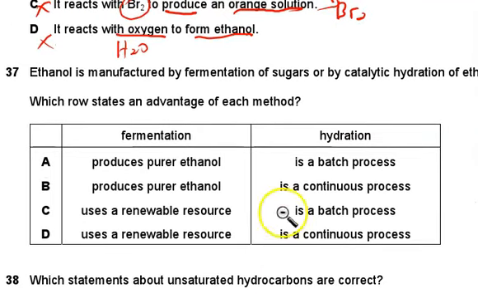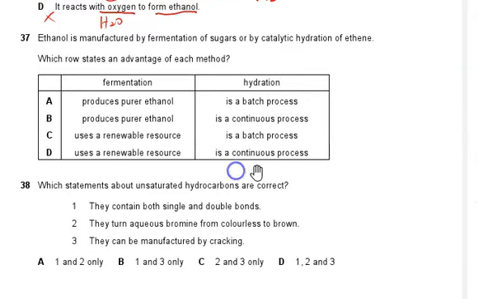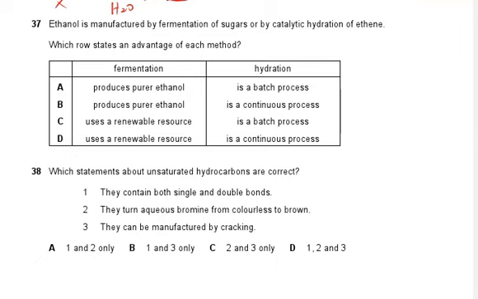Okay, number 37. Ethanol is manufactured by fermentation of sugar and by catalytic hydration of ethene. So, which row states an advantage of each method? So, fermentation is actually much slower.